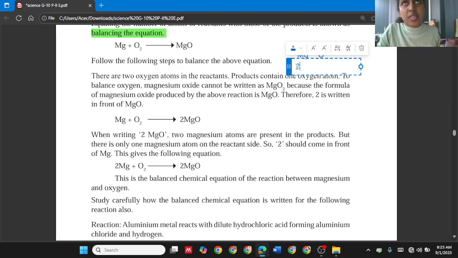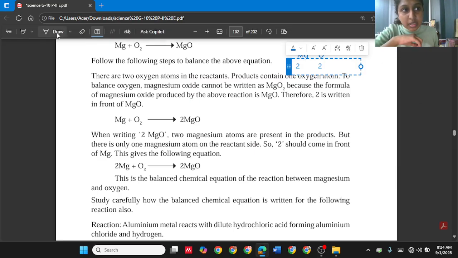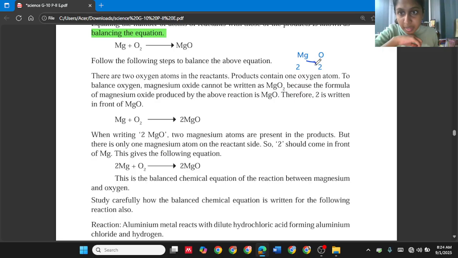Why? Because it's in the second group of the periodic table, and oxygen is in the 6th group. So what is the valency of it? It is also 2. So how do we write the molecule? You have to write these 2 for magnesium and these 2 for oxygen.